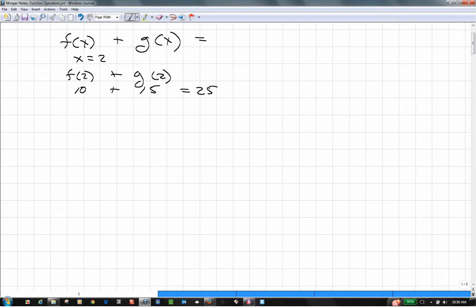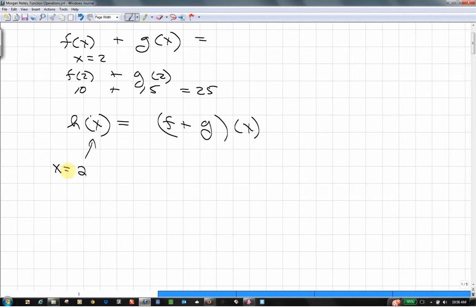Let's say I want to create a function h of x, and I'm going to add the functions f and g together first, all with x as their variable, creating a new function h, and then I could substitute x equal to 2 in for the x in my new equation.